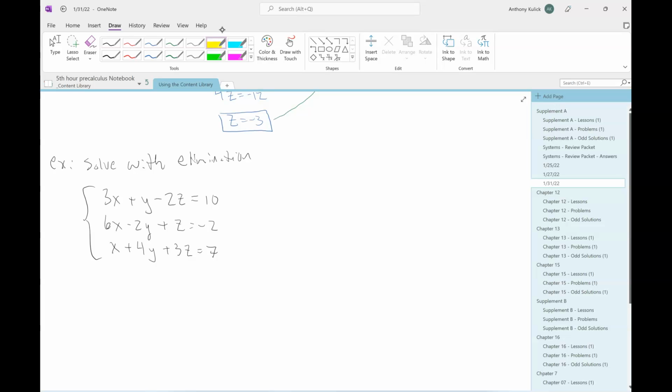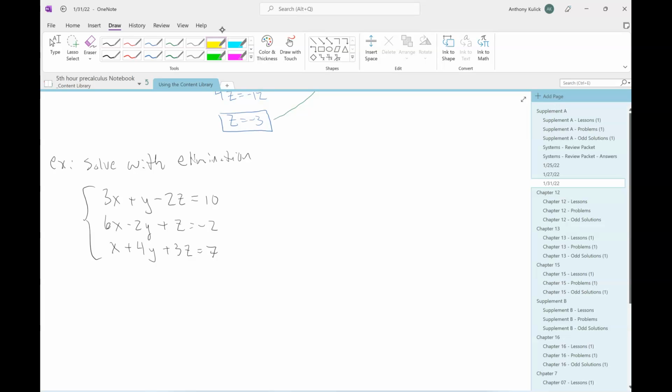Okay, so this one we're going to use elimination on. When we use elimination, the first step is to pick a variable to eliminate. It doesn't matter which variable you choose to eliminate, although by being careful, you can sometimes make your life easier.